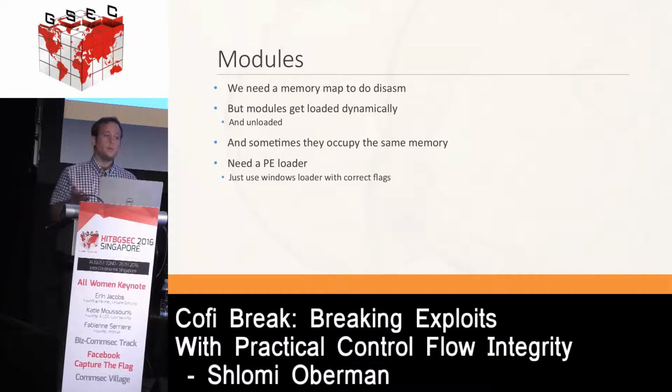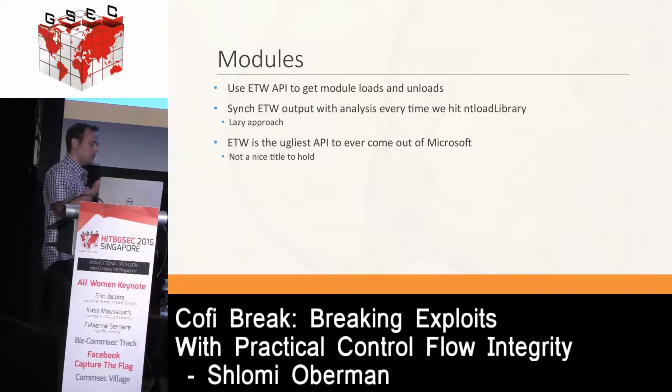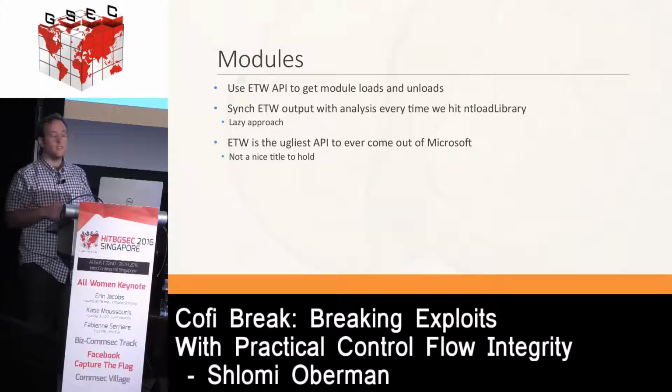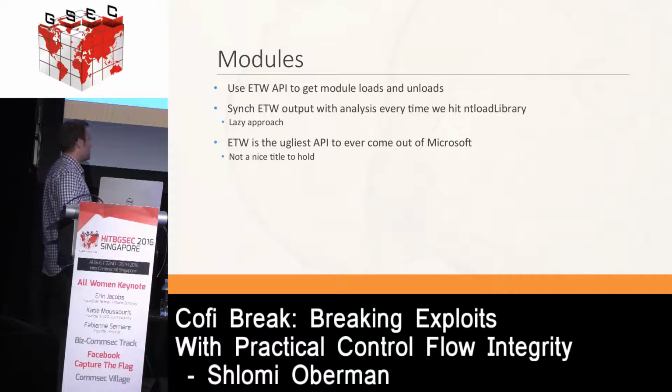As I said, we need a memory map to perform this disassembly. We need to know what we have at each address in order to be able to perform that disassembly step. However, obviously the memory map in any modern operating system does not stay constant throughout the life of a program. Modules get loaded and unloaded. Often they get loaded and unloaded at the same addresses or in overlapping addresses.